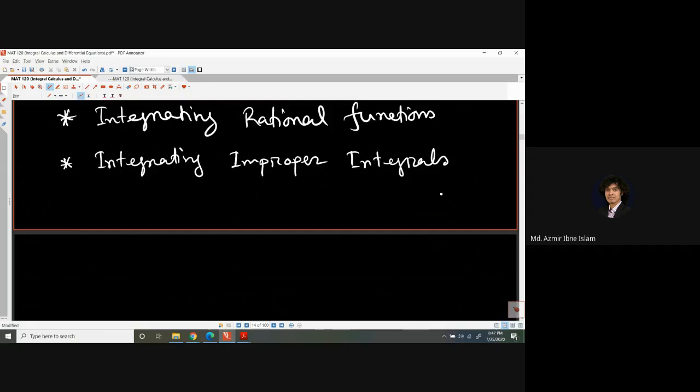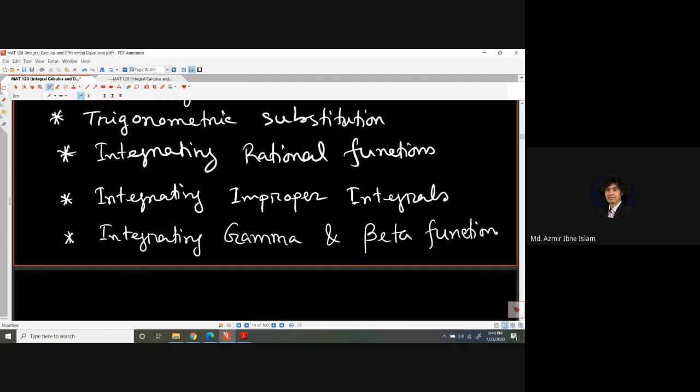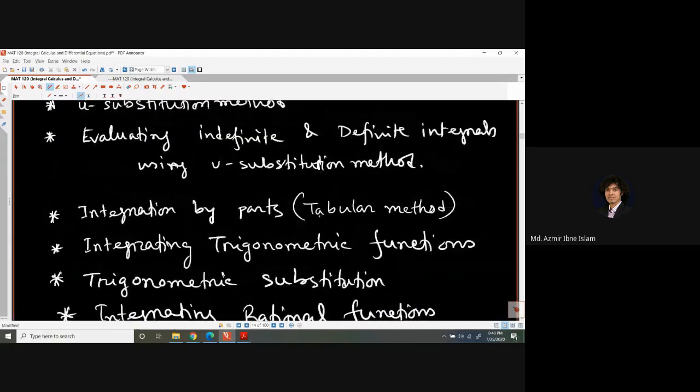After completing the improper integral concept, our focus will be on the gamma function and the beta function. So these are the concepts we have in Math 120.